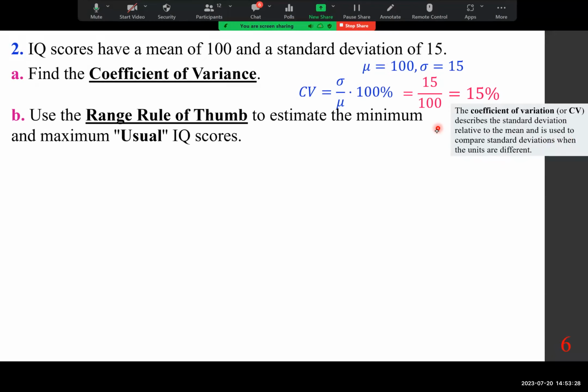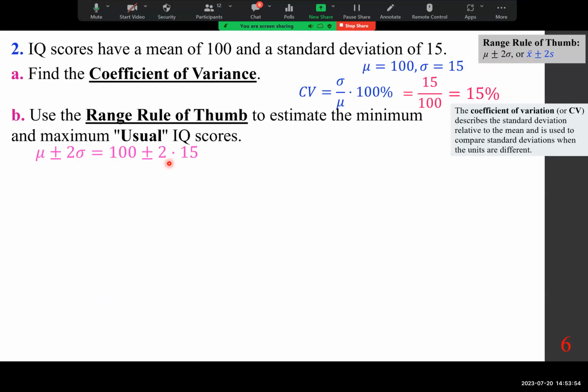Use the range rule of thumb to estimate the minimum and maximum usual IQ scores. Well, again, the range rule of thumb says we go 2 standard deviations on each side of the mean, mu plus or minus 2 sigma, or X bar plus or minus 2s. So mu plus or minus 2 times this number, according to the range rule of thumb.